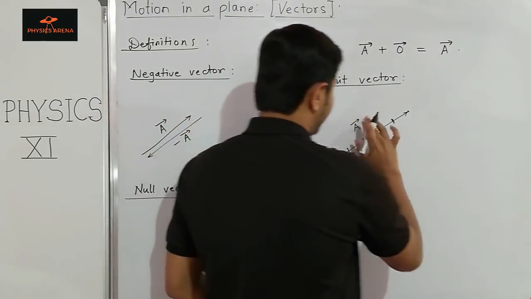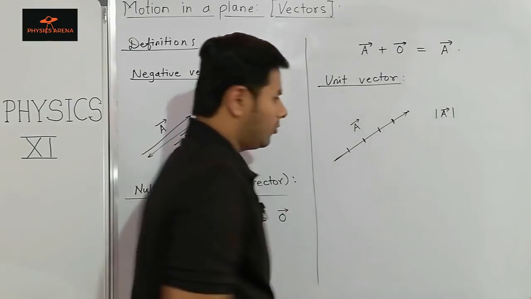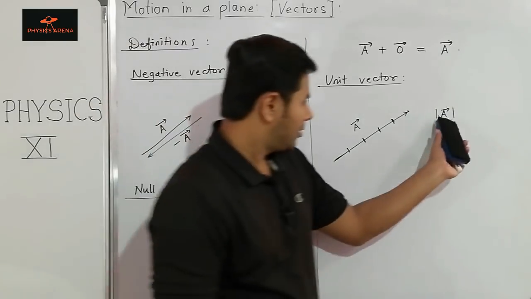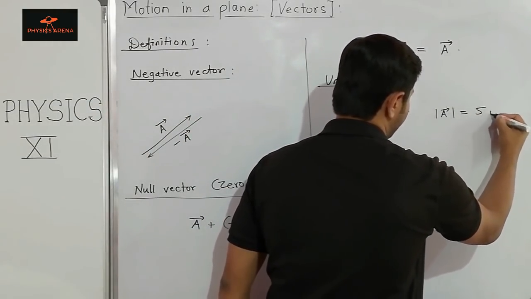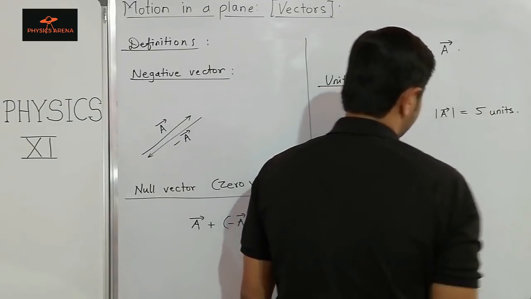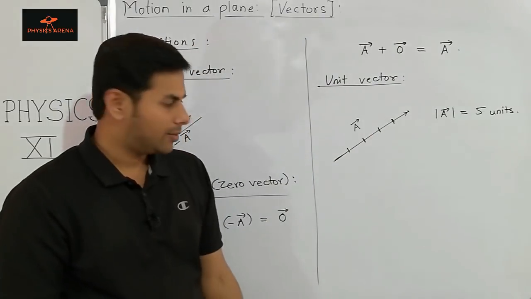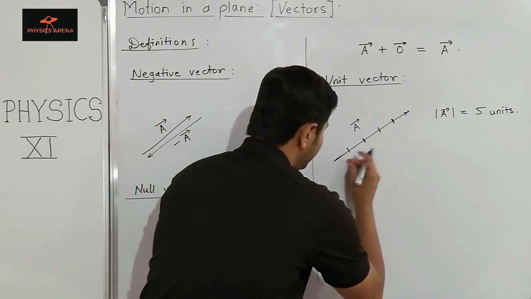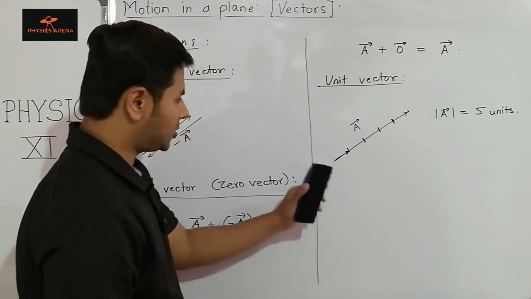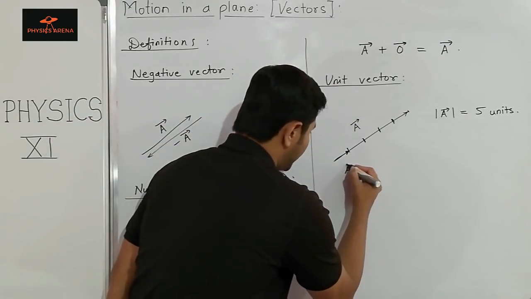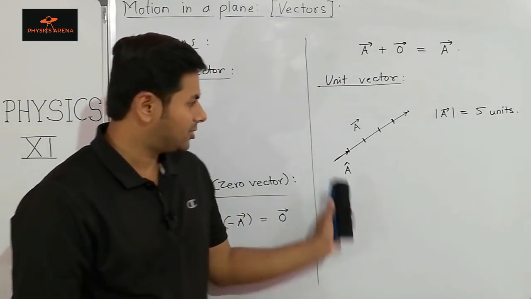We denote magnitude by putting this mod sign, and the mod of A gives me the magnitude of A, which is 5 units. Now the unit vector in the direction of A bar will have magnitude equal to 1. I denote it by this sign, A cap or A hat. So this is a unit vector.